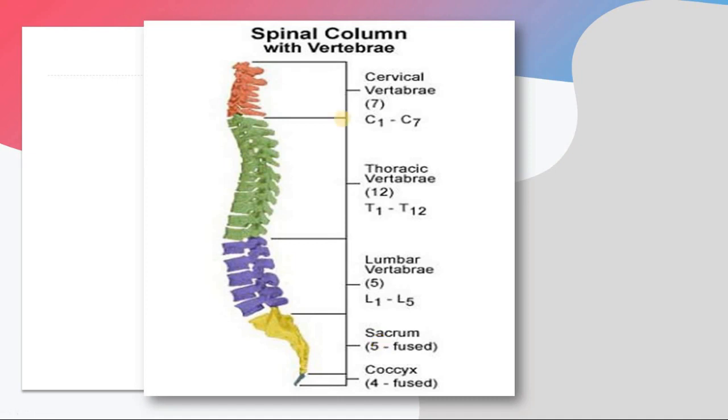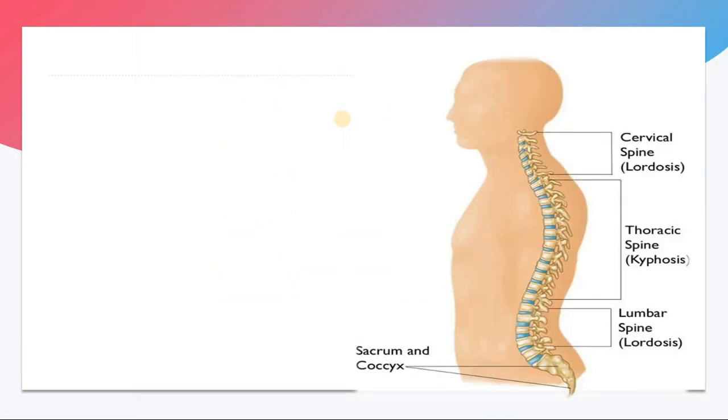So our vertebral column is not straight, but has curvatures formed in it. As you can see these curves, there are specific names given to them: the lordotic curve and the kyphotic curve. So what is lordosis and kyphosis?